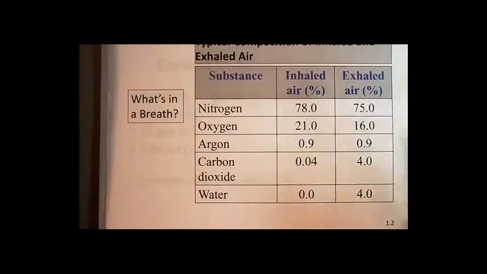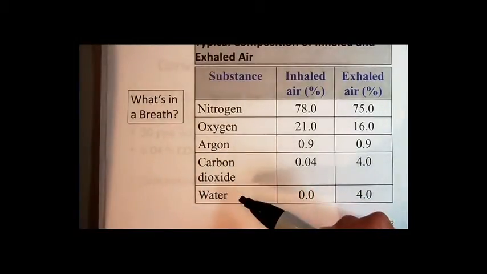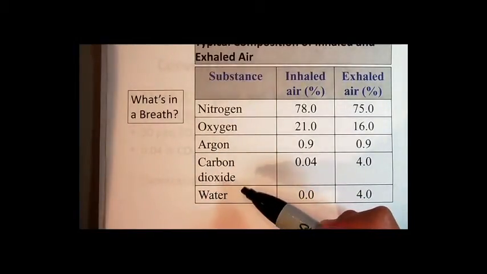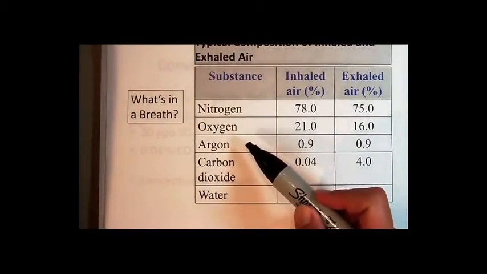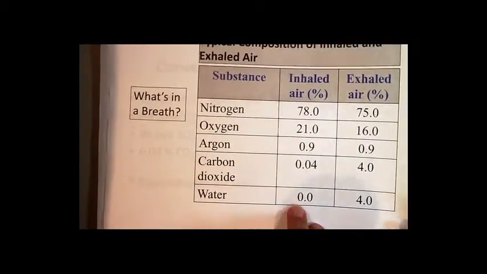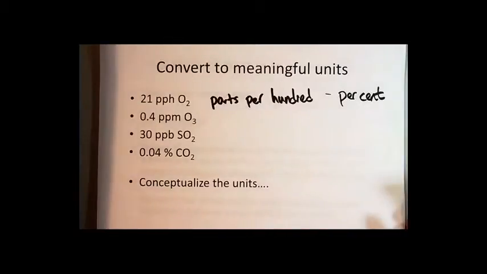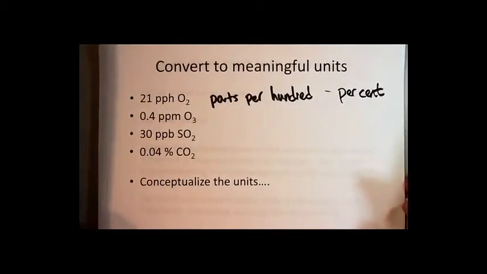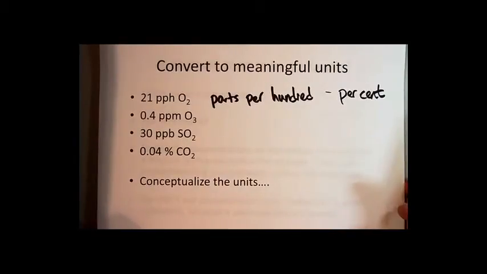Nitrogen, oxygen, carbon dioxide, and water are all molecules in air. Argon is an atom. And again, we're going to look at the differences of those in the next lecture. But anyway, with parts per 100, you're talking about parts per 100 molecules or atoms, bits of air. And the bits of air exist as either molecules or atoms.